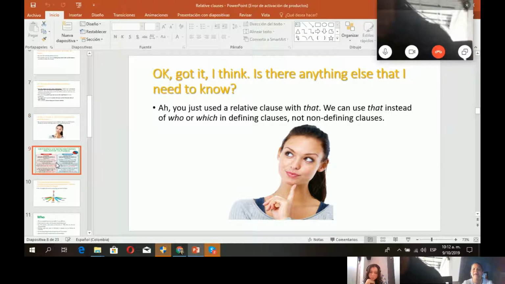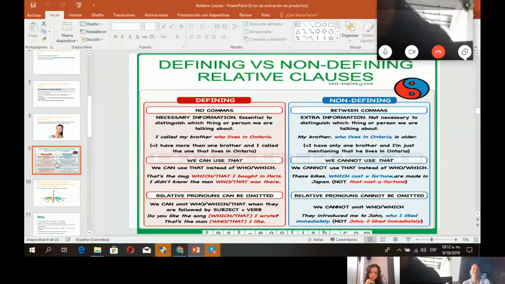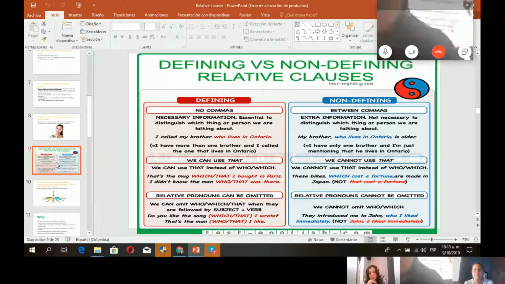For this, we compare defining and non-defining clauses, and the exception for writing commas. In defining clauses, you write necessary information that is essential to distinguish which person we are talking about.